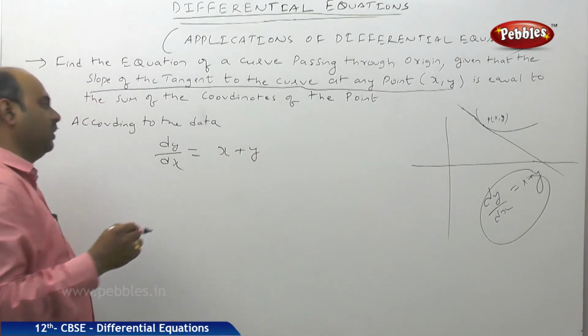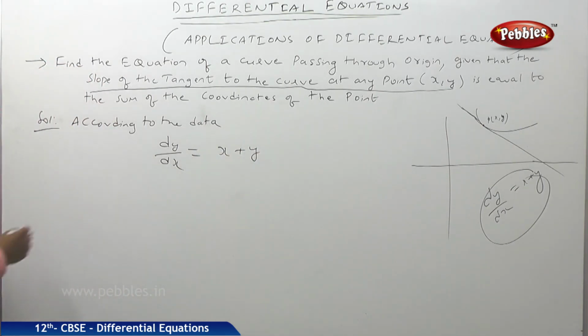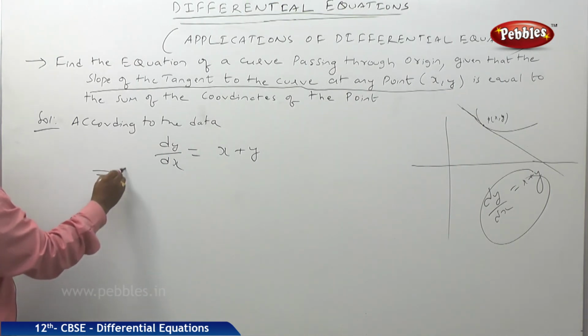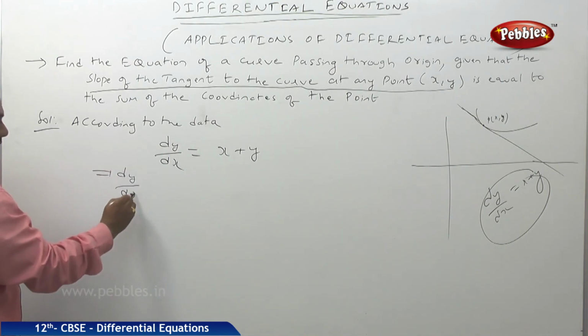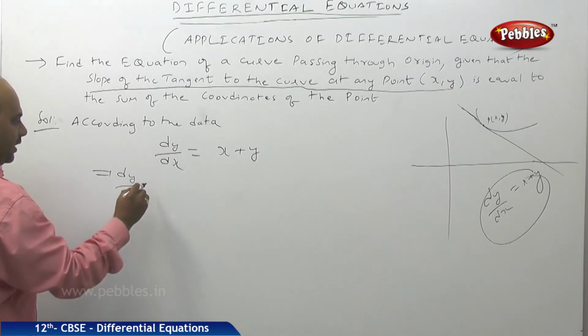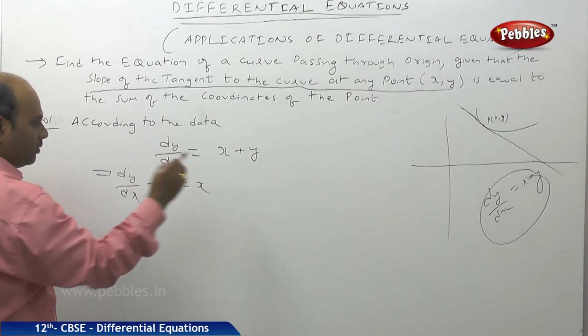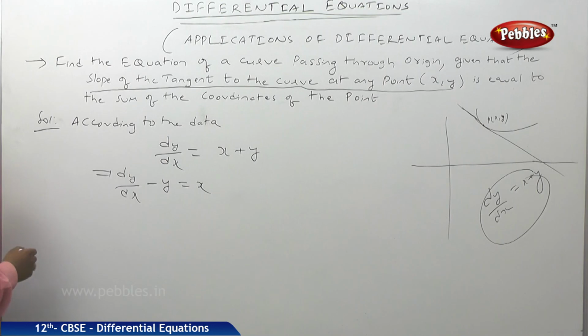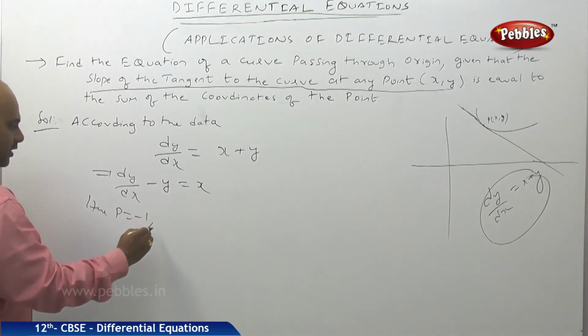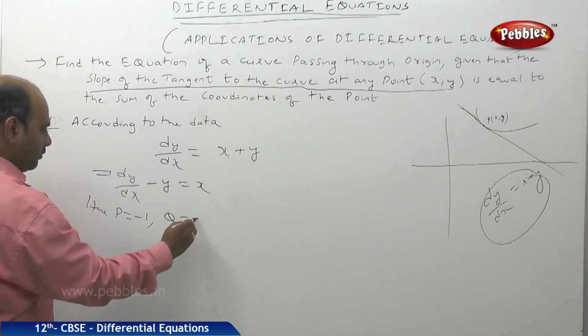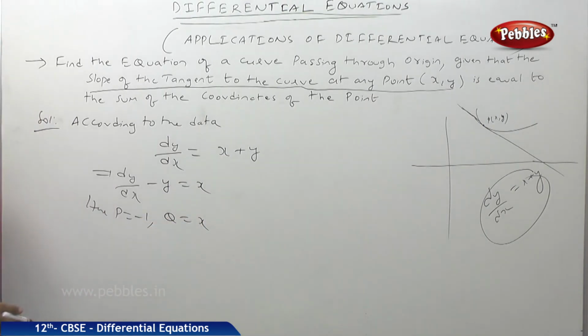That means dy by dx is equal to x plus y. If you observe carefully, now I can write this as dy by dx minus y is equal to x. It is becoming a linear differential equation. Here P value is -1 and Q value will be x. So we need to solve a linear differential equation.